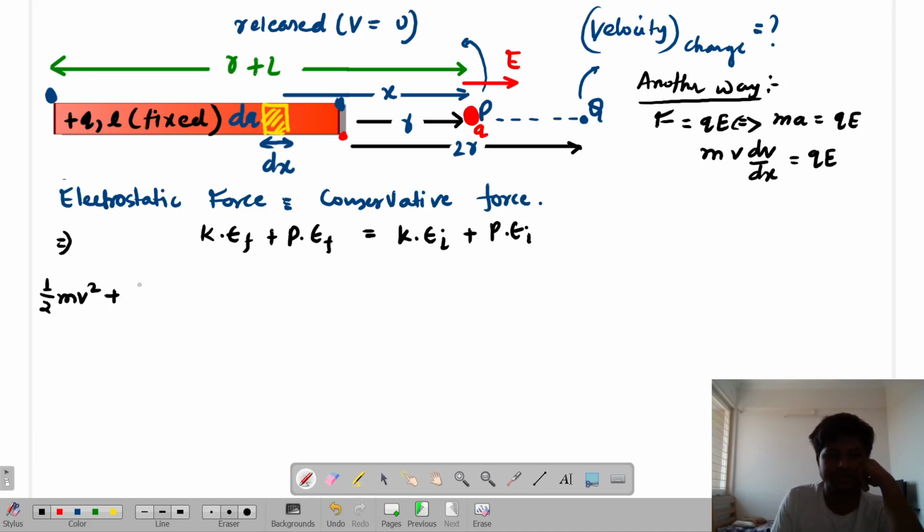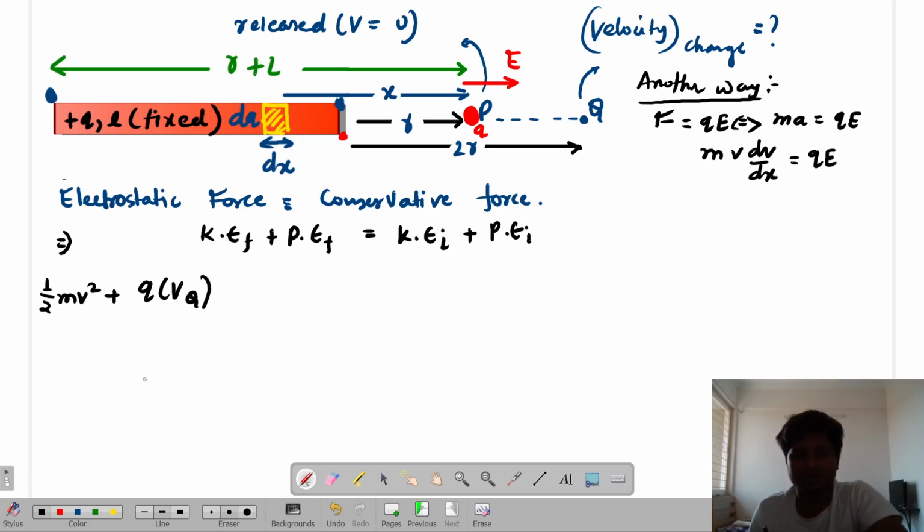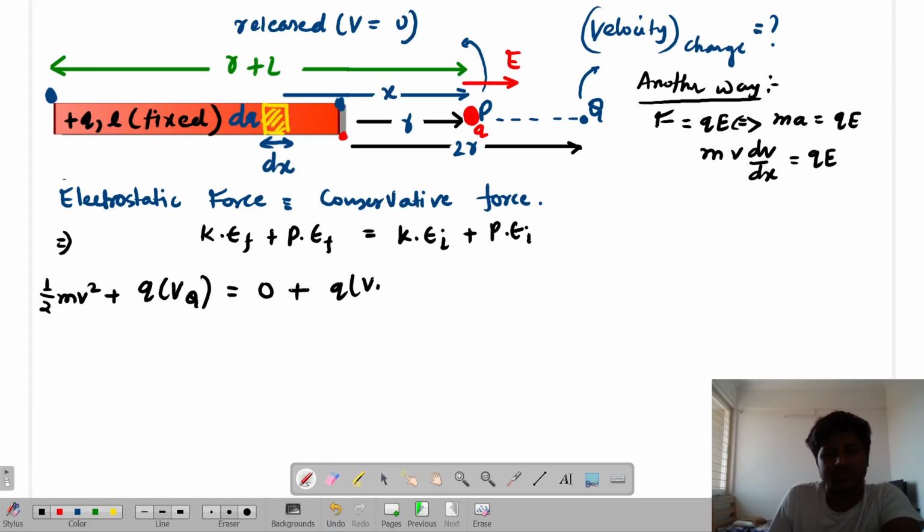Potential energy finally is the charge which is moving, q, and the potential at Q, if I can calculate, that is my potential energy final. Kinetic energy initially was 0, and potential energy initial is q into potential at point P. Are you able to get me?